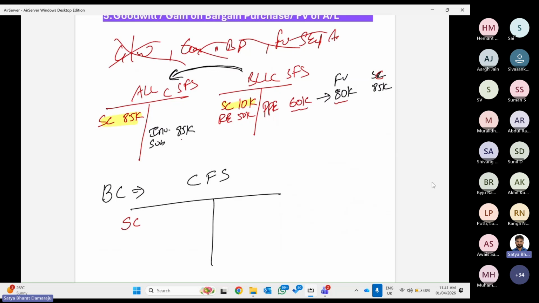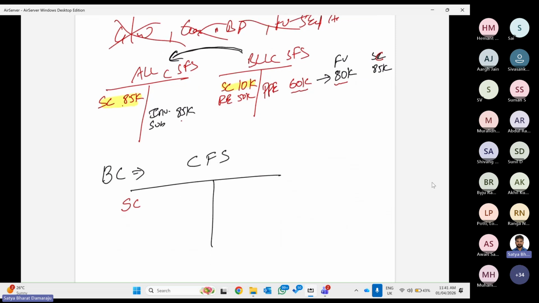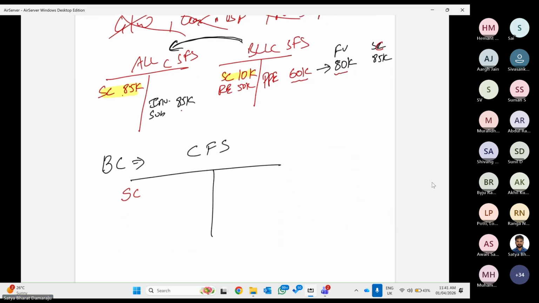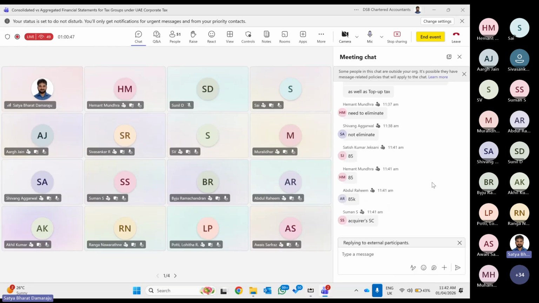And they paid the 85,000. Where did they get the money? They have a share capital which was infused as a bank. They paid it. Now we are preparing the CFS. How much do I need to show for PPE? How much for investment in subsidiary? How much for retained earnings? Can someone please tell me?